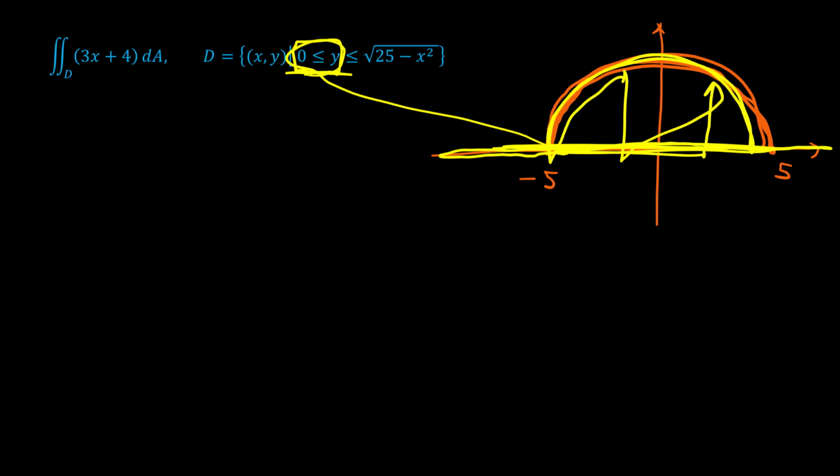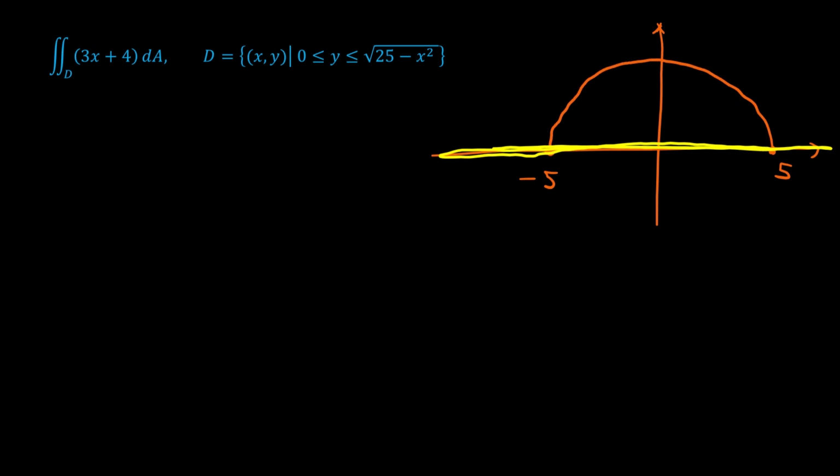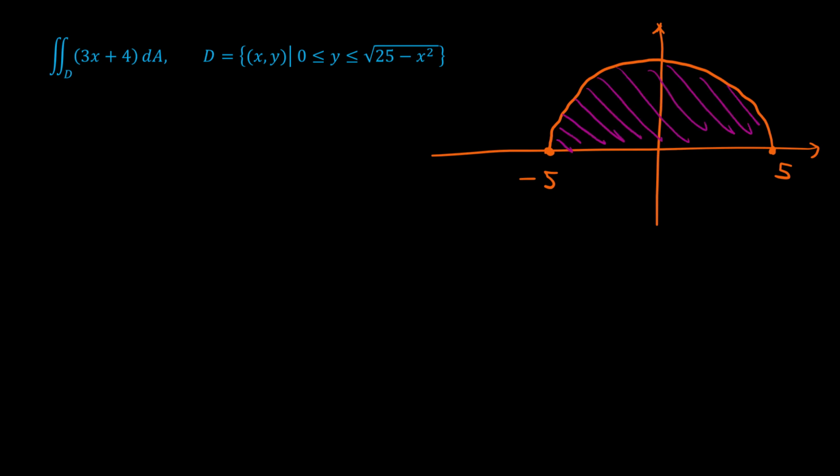Now you should be able to understand that the region is this basically. The region that we want to find the integral of the function over is here. So this is the region D, which is between 0, which is this line, and this semicircle. So this is our region.